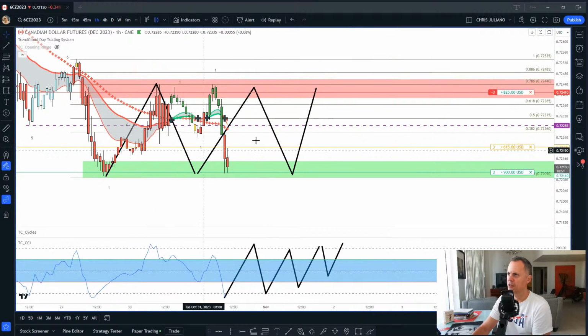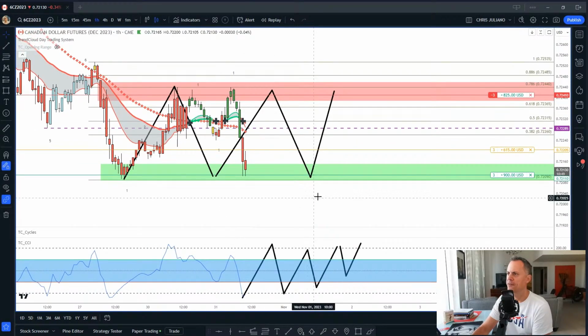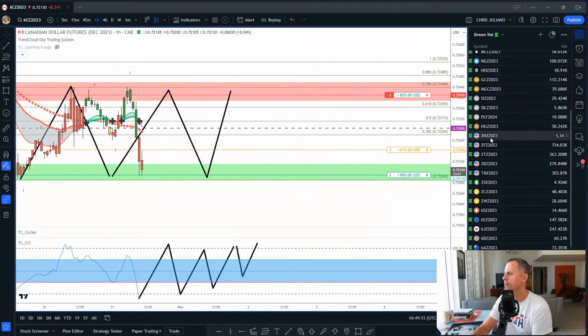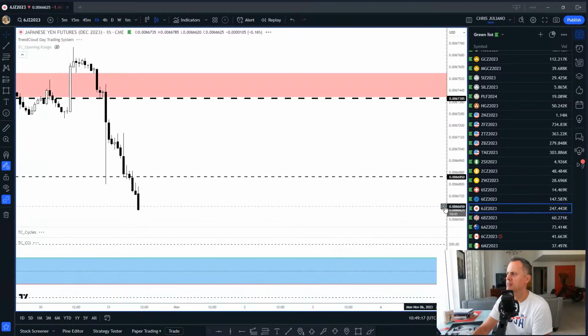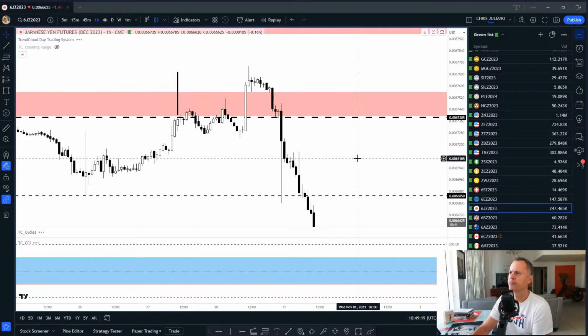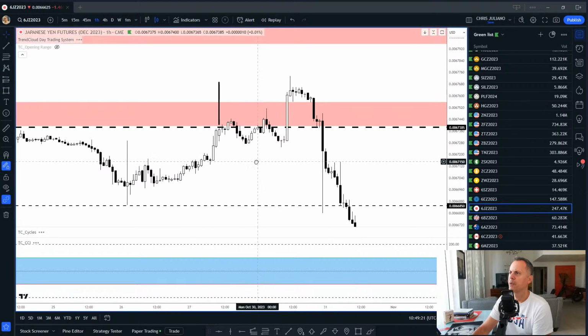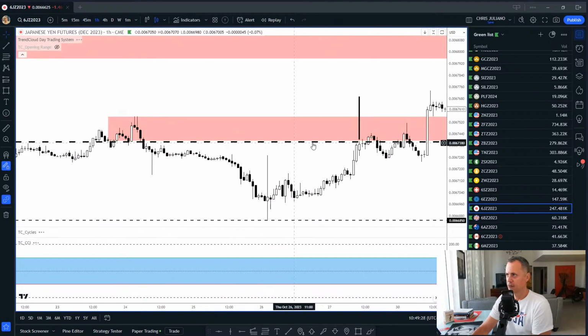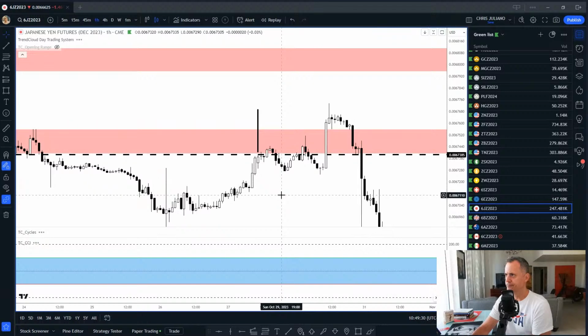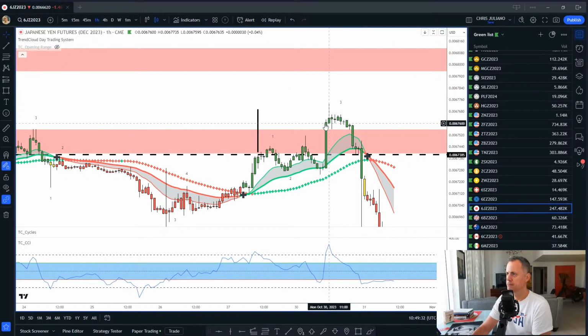All right, so nice sideways action here on the Canadian dollar. What else? Let's go over to the Japanese yen. Look at that. Remember when I was talking about the double top here? So here we go.